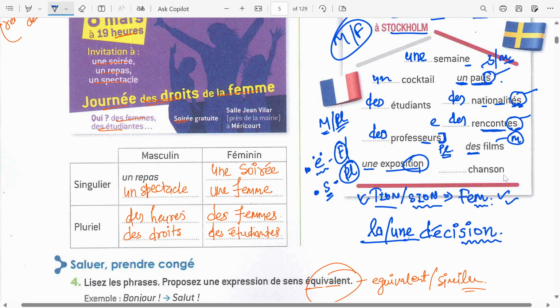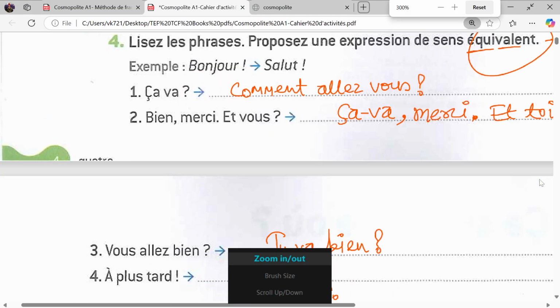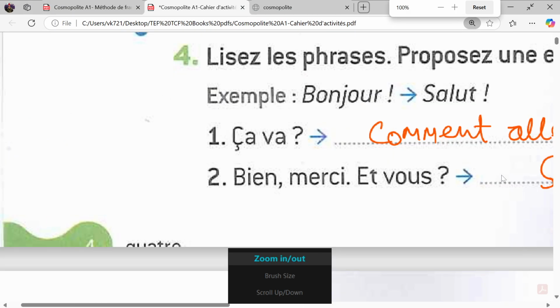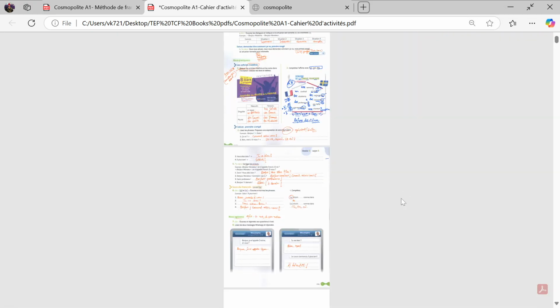Okay, next one left. Who would do it? Chanson. Sasha, it's chanson. It is an exception, and it's une chanson. It's acceptable. Don't worry, it is not your problem. You are good to say so, because generally non-consonant endings are masculine ones.